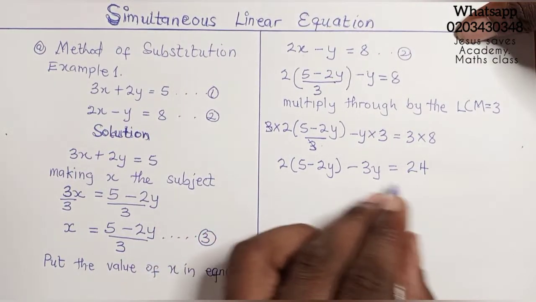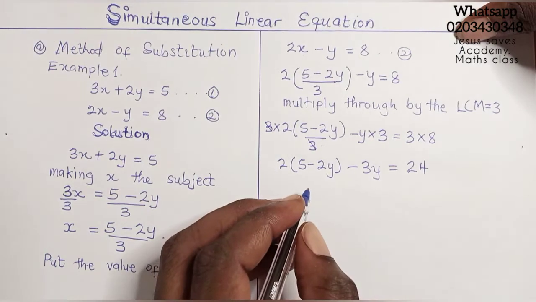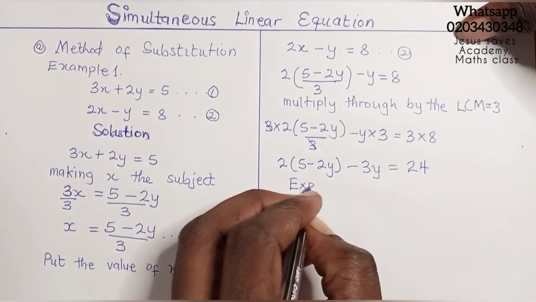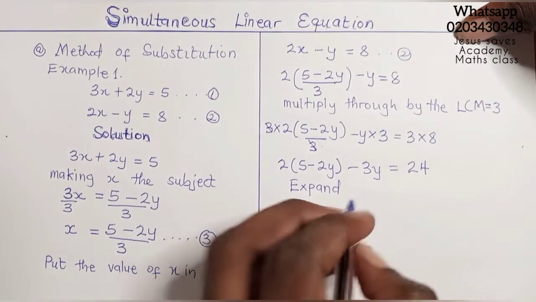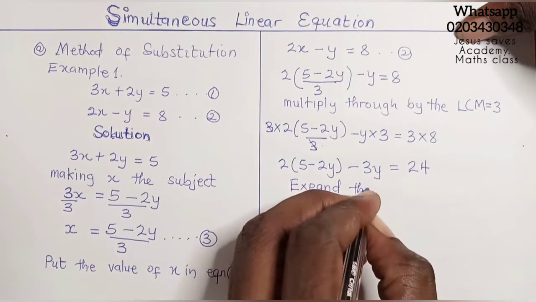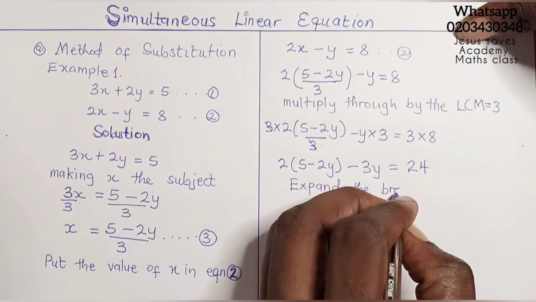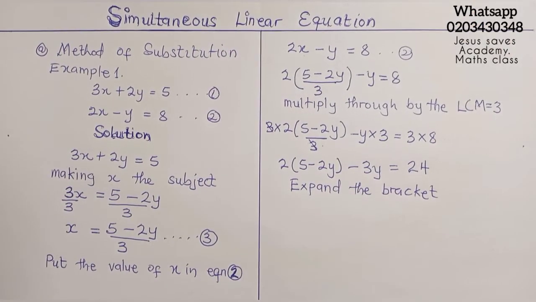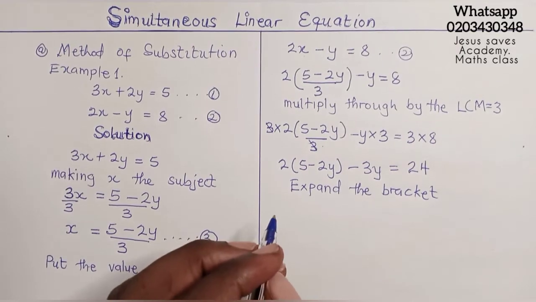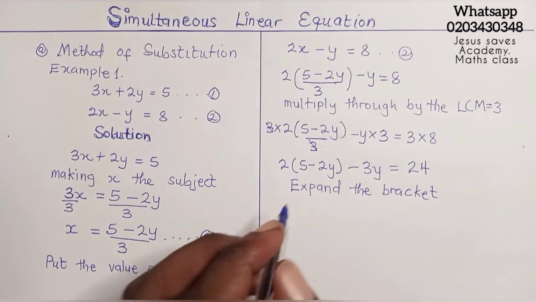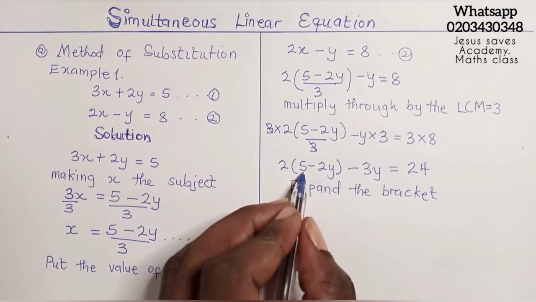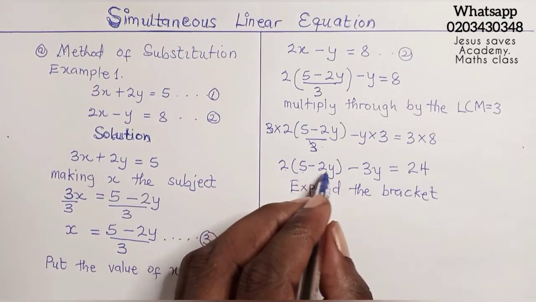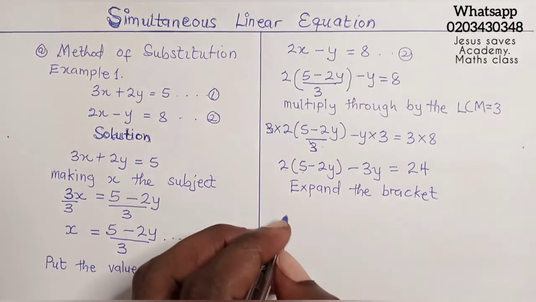So now we will expand the bracket. These 2 multiplying this one give us 10, and these 2 multiplying this one give us negative 4y.